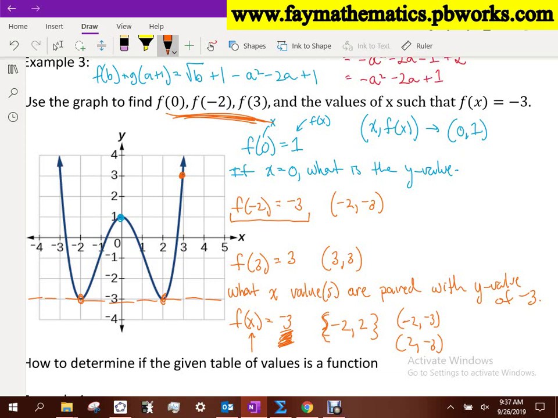So because we have f of x equals -3 there, that is saying that it is okay, because of the definition of function, to have multiple answers for that. Does that make sense? Because when I'm done, I get the point (-2, -3). Well, -2 only ever gets paired with -3. 2 only ever gets paired with -3. So there, we do not violate the definition. Is that all right?